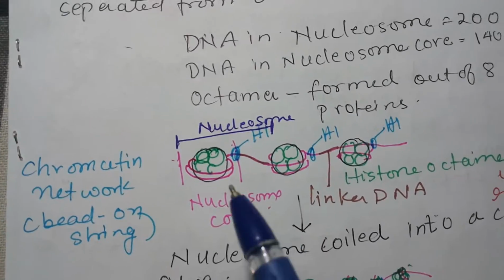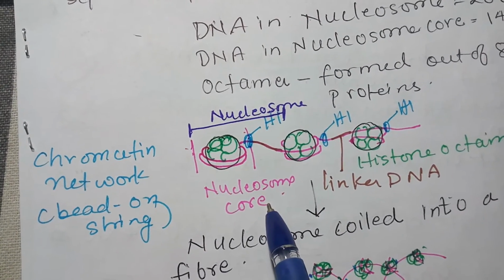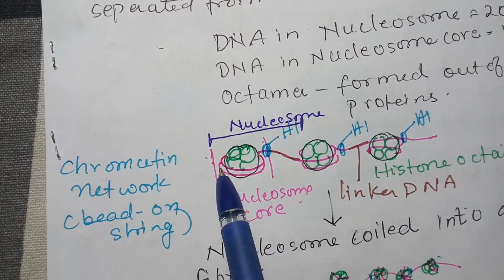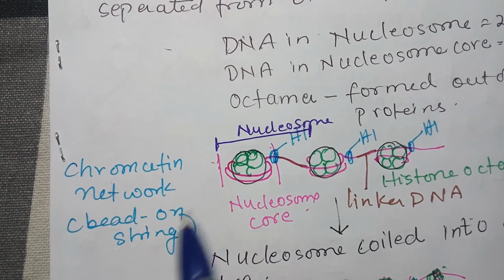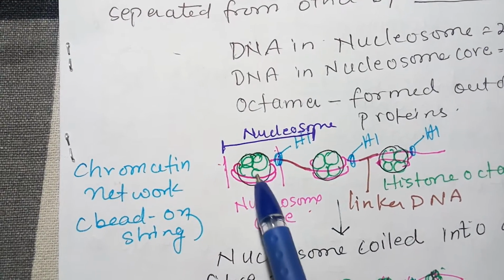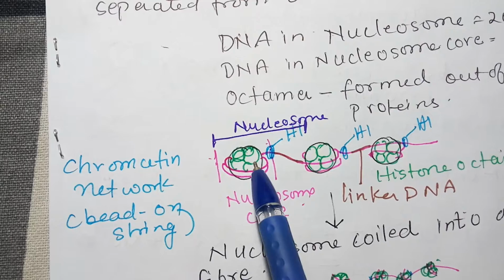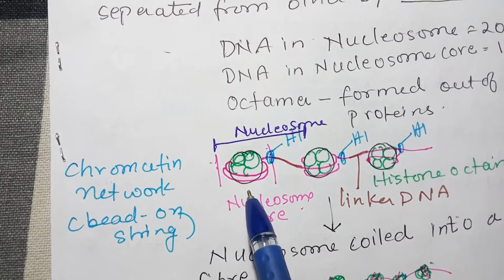Okay, now see, from here to here this is called the nucleosome core, but if you look from here to here, this portion is called the nucleosome. The nucleosome has histone 1 plus the histone octamer, which consists of H2, H3 and H4, 2 molecules of each.